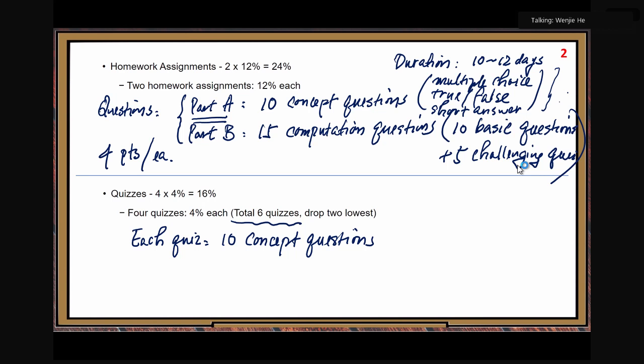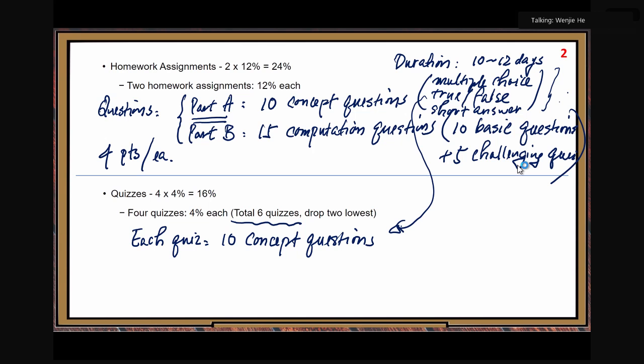So the quiz in that week checks your understanding of the material of that week. 2 lectures in that week. All right. 10 concept questions. The question types, these 3 types, right? Multiple choice, true or false, short answer.